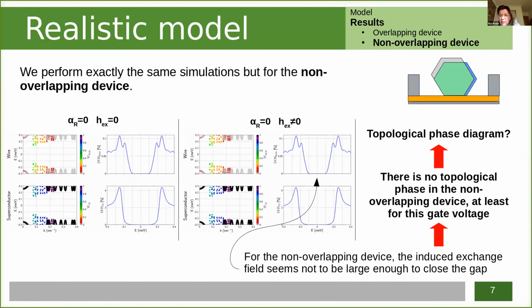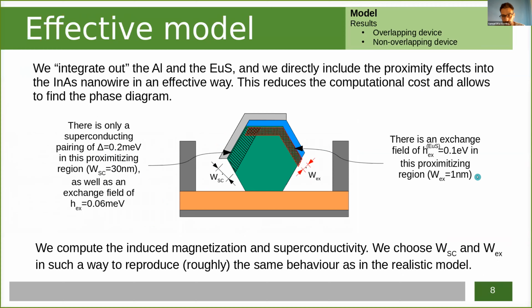Here the width of the proximity effect for the superconductor is 30 nanometers, and the width for the proximity effect with the europium sulfide is 1 nanometer. We compute these widths by computing the induced magnetization and superconductivity using both models, the realistic model and the effective model. We choose these widths in such a way that the effective model reproduces roughly the same behavior as the realistic model.